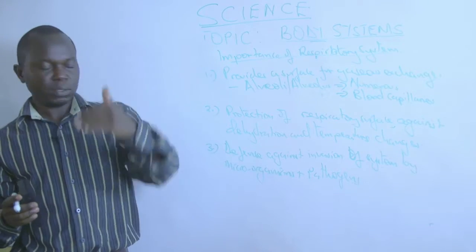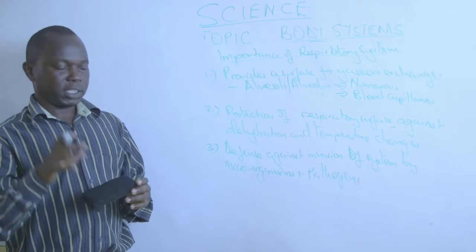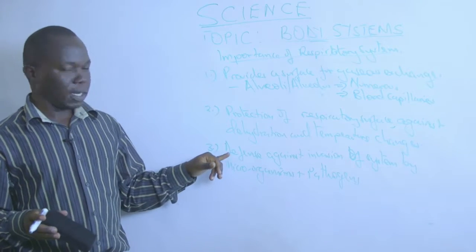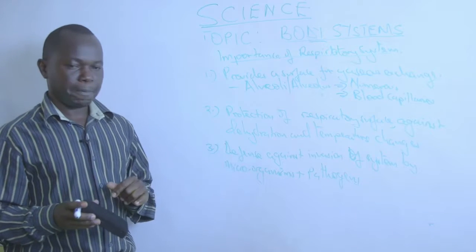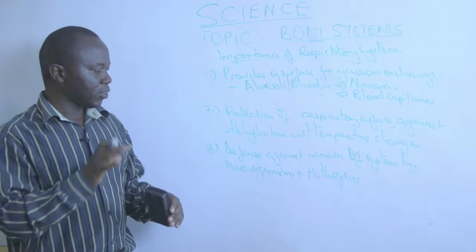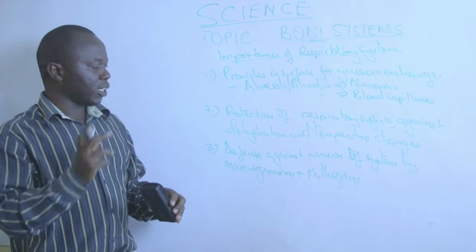Again, I want you to go through the system and find out the structures in the respiratory system that can aid in defense. If you look at the diagram, we're able to mention several: trachea, the nasal cavity.